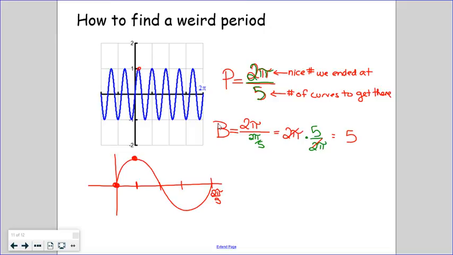Well, if this is 2 pi over 5, half of it would be 1 pi over 5, right? And half of 1 pi over 5 would be 1 pi over 10, which means our phase shift is pi over 10. It'll be the first tick mark that you would have used to draw your sine curve. Oh, I was close. Okay?